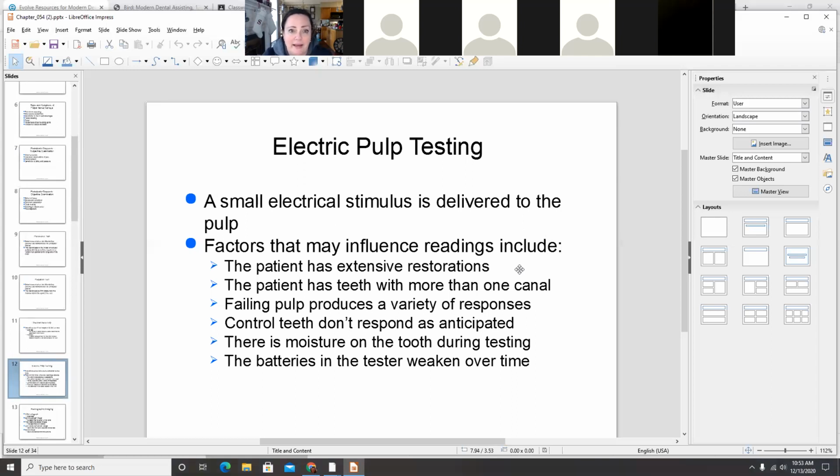So that may affect electric pulp testing. Also, if the patient has teeth with more than one canal, failing pulp produces a variety of responses, control teeth don't respond as anticipated, there is moisture on the tooth during testing, and the batteries in the tester are weakened over time. So there's a lot of factors when you're talking about electric pulp testing, okay?